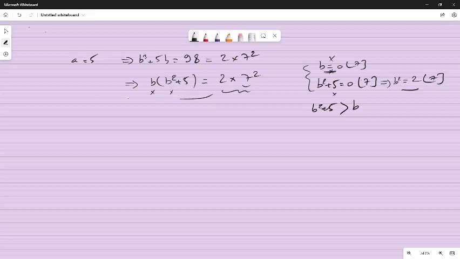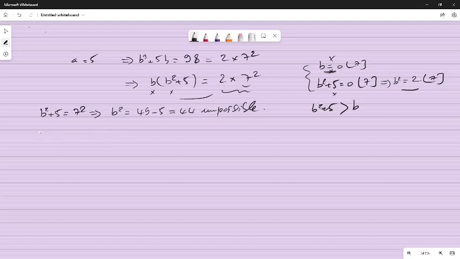And here we have two subcases. b squared plus 5 equals 7 squared. This implies that b squared equals 49 minus 5, which is 44, and this is impossible because 44 is not a perfect square.